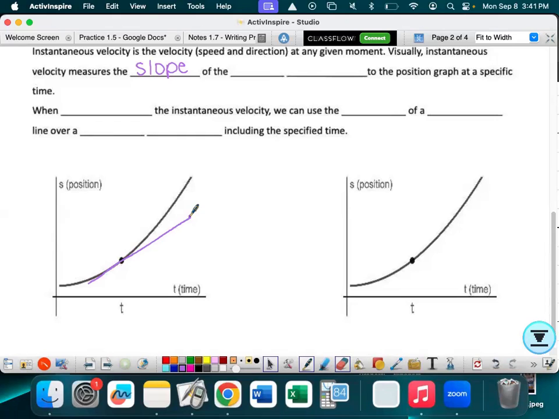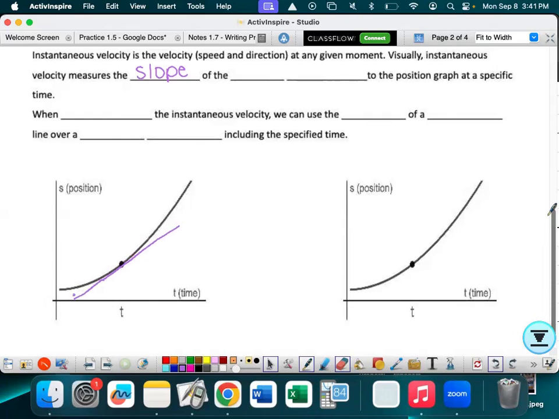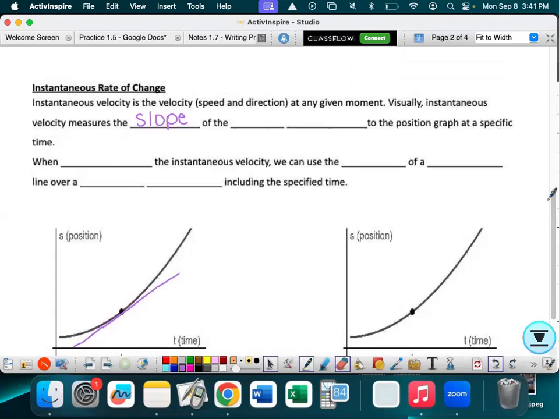In fact, I might try one more time. That looks a little bit more on point. There we go. I like that better. So that is called a tangent line. So instantaneous velocity measures the slope of the line tangent to the position graph at a specific time.